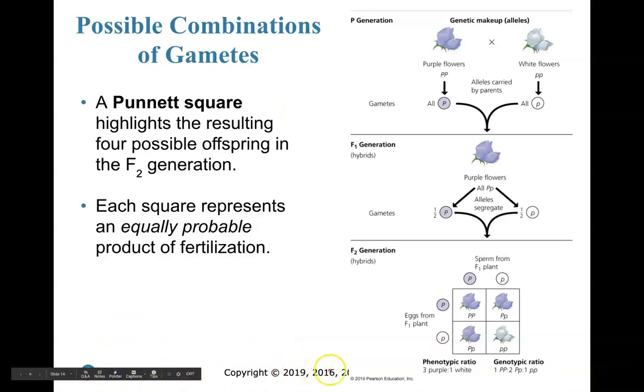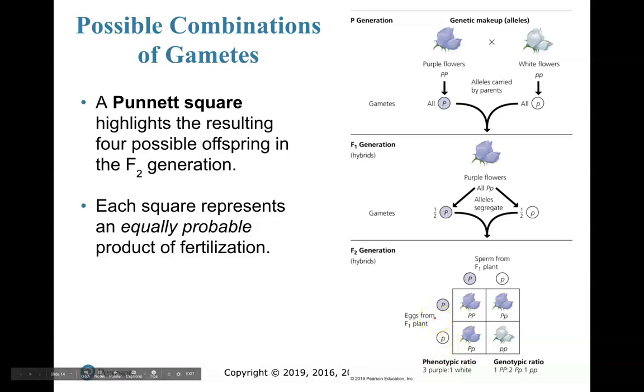So I want to highlight here that we have one parent from the F1 generation having that heterozygous allele combination, one uppercase, one lowercase, and another parent from the F1 generation showing that heterozygous combination, one uppercase, one lowercase, or one purple color and one white color, if you will.